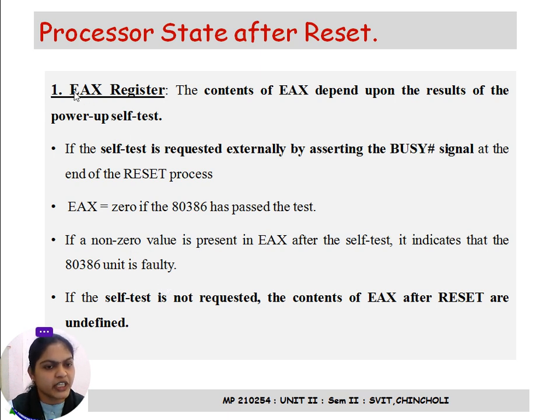To check the content of the EAX register, we have to do the power up self test, and depending upon the content of the EAX register, we learn whether the 80386 processor is working or not. This is the first step of the initialization.